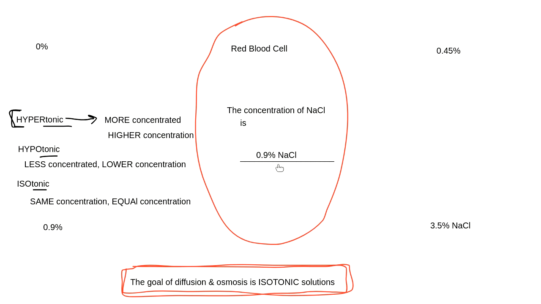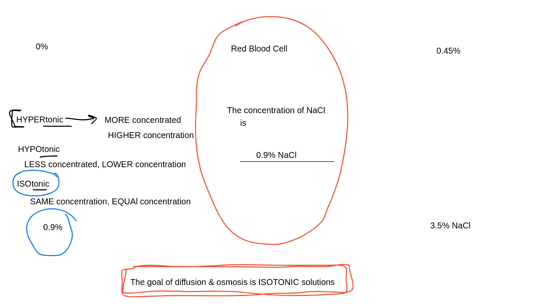So when we're looking at these solutions that we have here on the outside, we've got a 0%, a 0.45, 3.5, and 0.9 down here. 0.9 down here matches 0.9 right here. This solution here in the bottom left, my 0.9, circle it. This one is isotonic because it matches the concentration of the amount of salt and water that's inside the red blood cell.